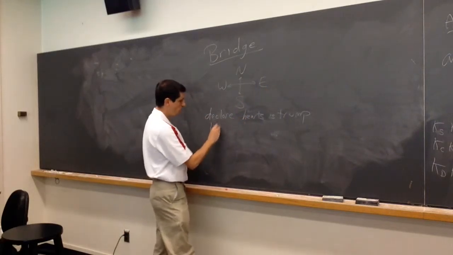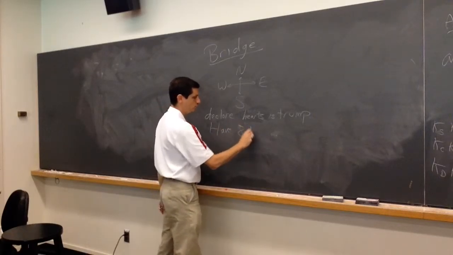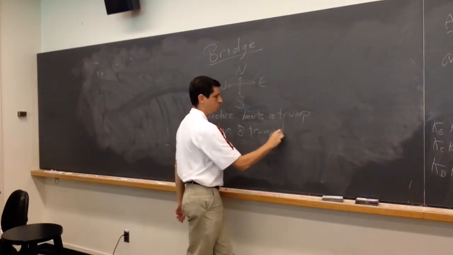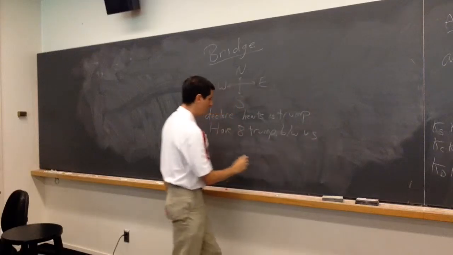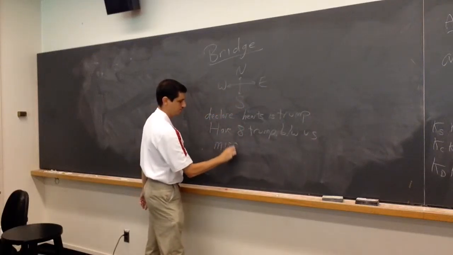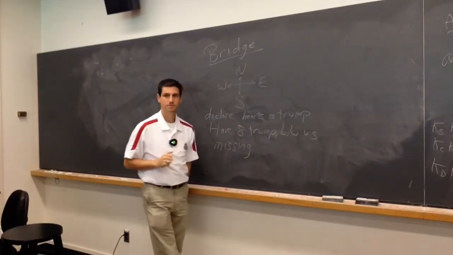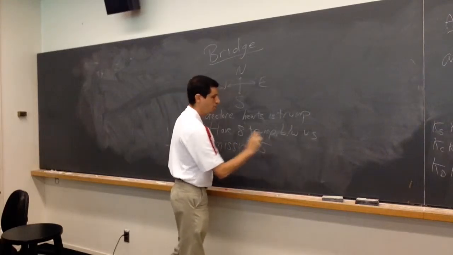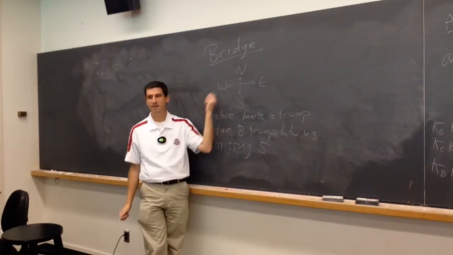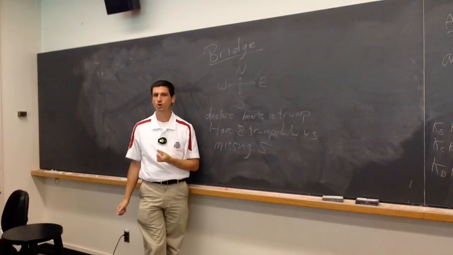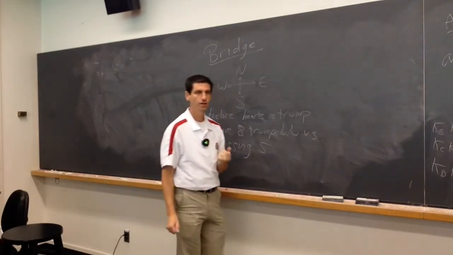So let's say we have 8 trump between us. How many are we missing? 5. We're missing 5. So the question is, how are the 5 missing trumps split between West and East? This is a really good question.